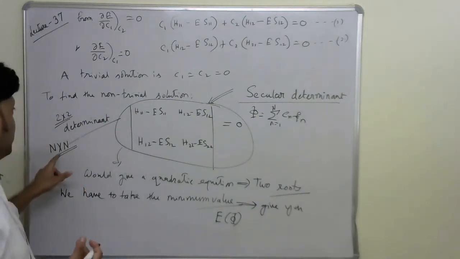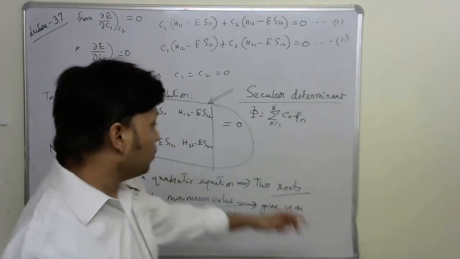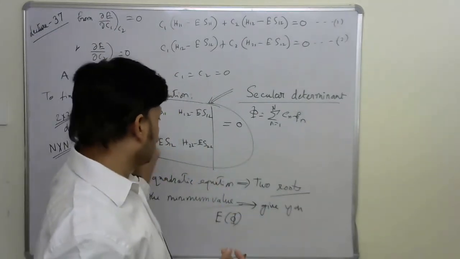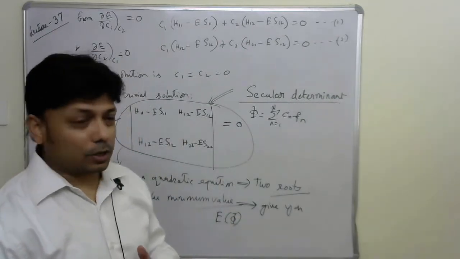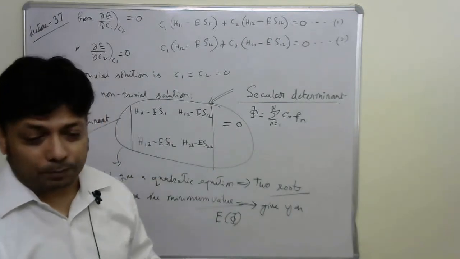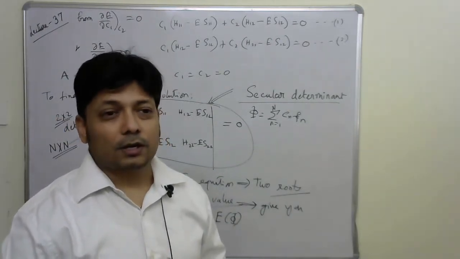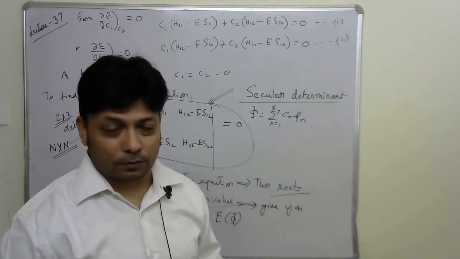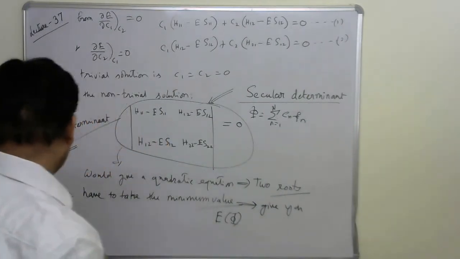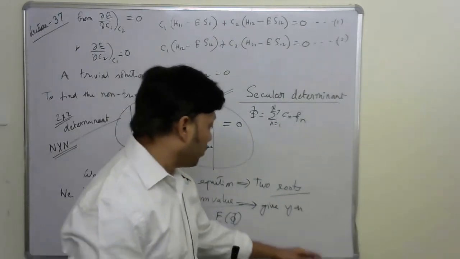But if we get an n by n determinant, then how to handle the secular equation? Because we can identify the secular determinant, no problem. Then we have to take the help of computer programming to solve the secular equation framed from the secular determinant. So this is how we actually approach it.